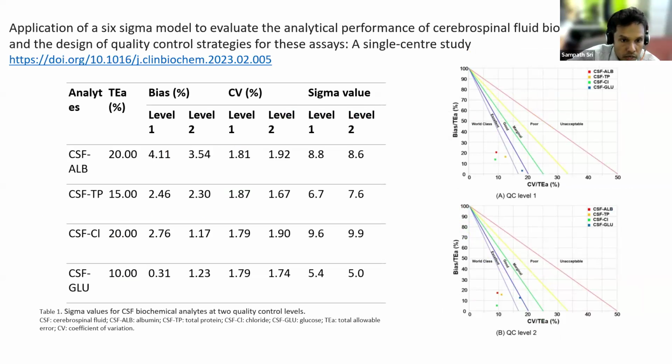CSF chloride, again above 6, and CSF glucose is less than 6. If you see this chart, CSF glucose has a sigma of 5, where it says excellent, but all the others had the world-class sigma of 6 or higher.